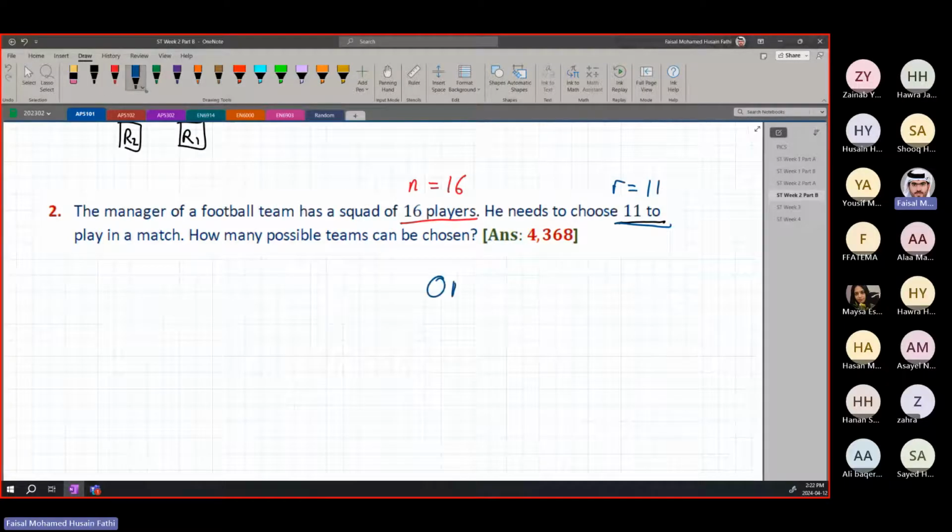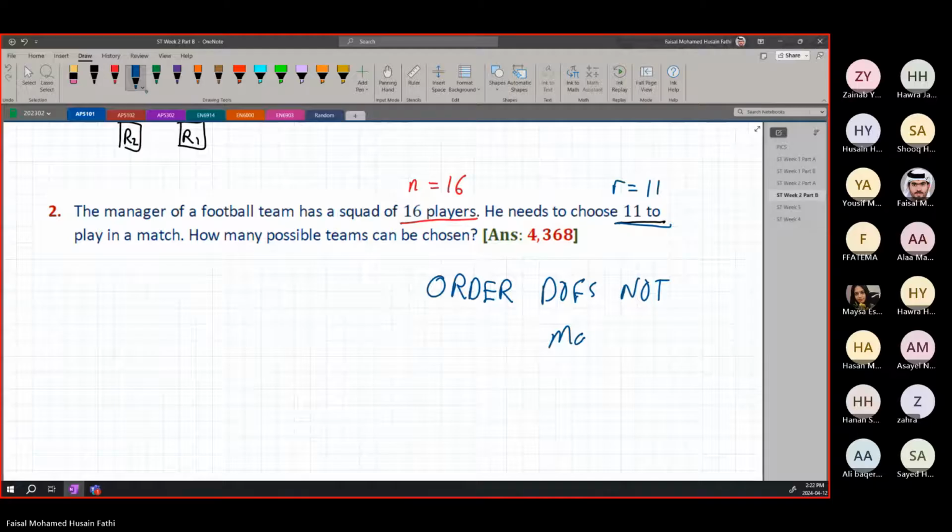So here order does not matter. For example, if you are a group of friends, you have 20 friends and you want to choose 11 of them or whatever, it doesn't matter if you choose Ahmed first and then Muhammad second, or if you choose Abdullah first and then Isa second. It doesn't matter because they're both going to be chosen anyways. It doesn't matter who you chose first. The order of it does not matter. As long as they're in your team, that's it.